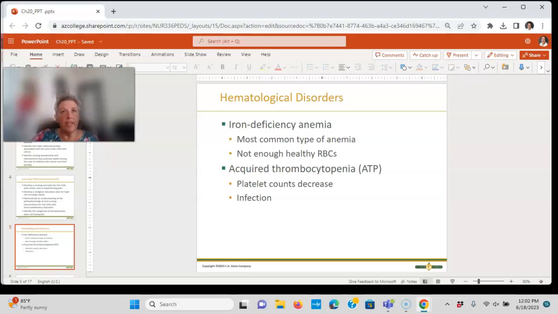So some of the things we need to tell mom: liquid dosage of iron, sip through a straw to avoid discoloring tooth enamel. Iron supplementation may be necessary in adolescence, and using the Z-track method for the IM iron dextran.